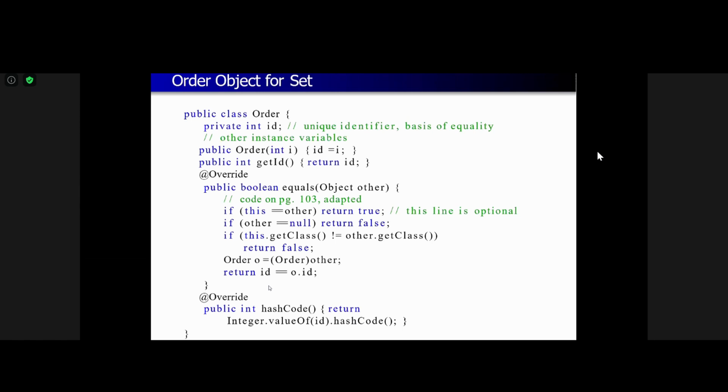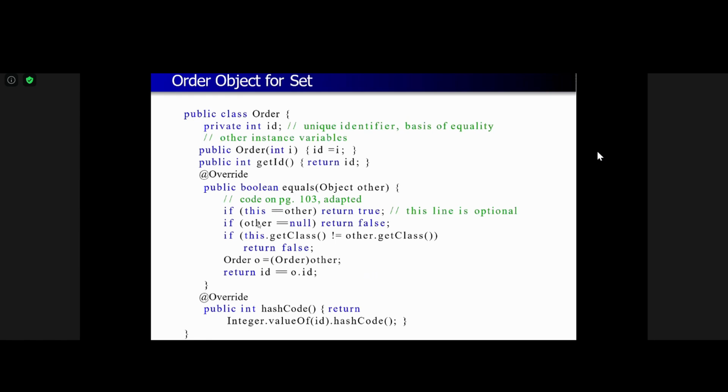And then once we have this other one as o, we can look at its ID. It's just o.id. So we're checking here whether the IDs are equal. If they're equal, then of course you return true, and otherwise you return false. So we need to do all this work to do a proper job of checking for equality of these objects.